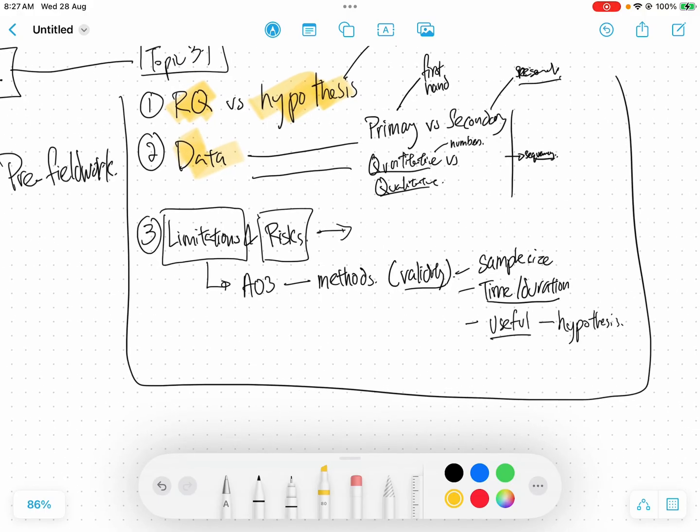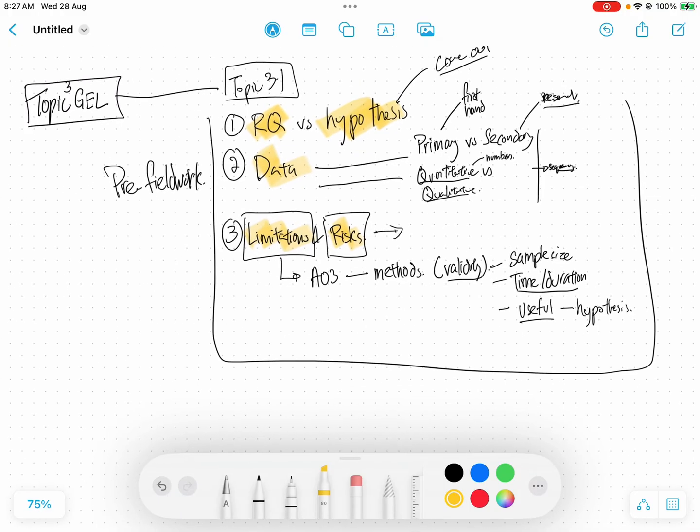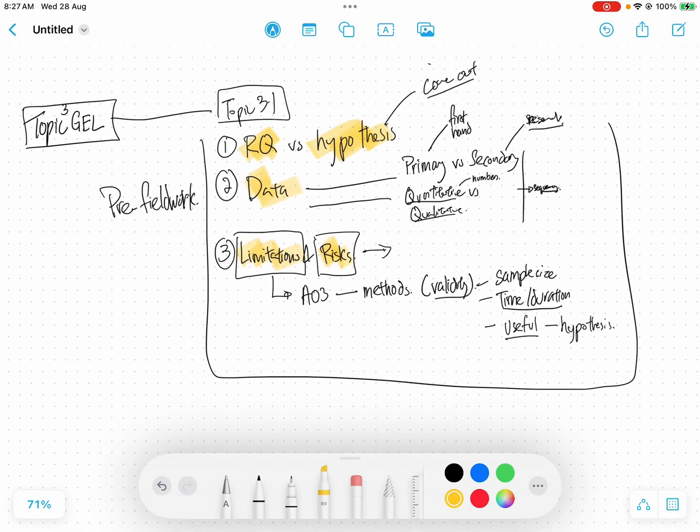And last but not least, possible questions on limitation and risk. Limitations, as I mentioned, is your AO3 6-mark question. For risk, they may ask you to suggest possible risks for a certain context given. For example, going to the beach to collect data, what kind of risk are you exposed to?